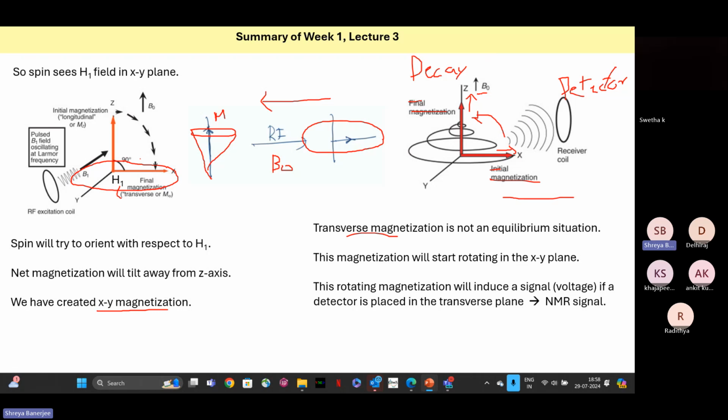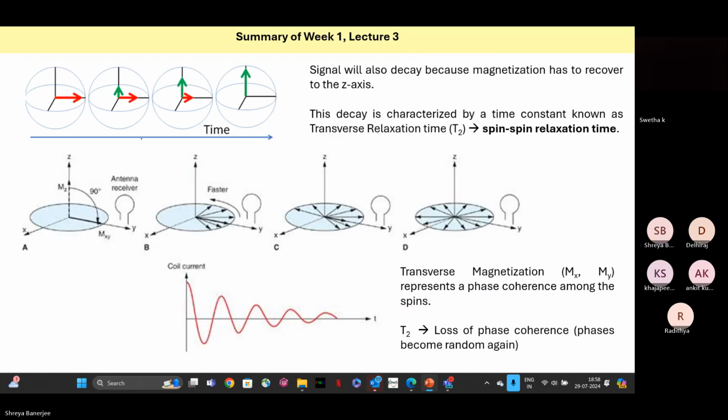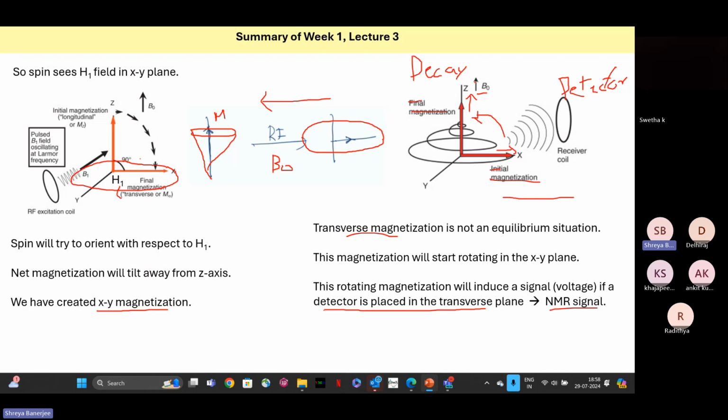The moment you switch off B0, the XY magnetization will go back to Z magnetization. But if you have a detector placed in the transverse plane, the XY plane, it will detect a signal and give rise to your NMR signal. So this is all about the signal.